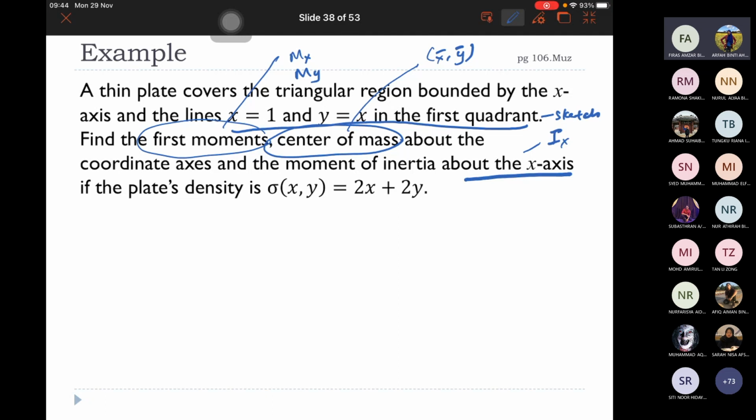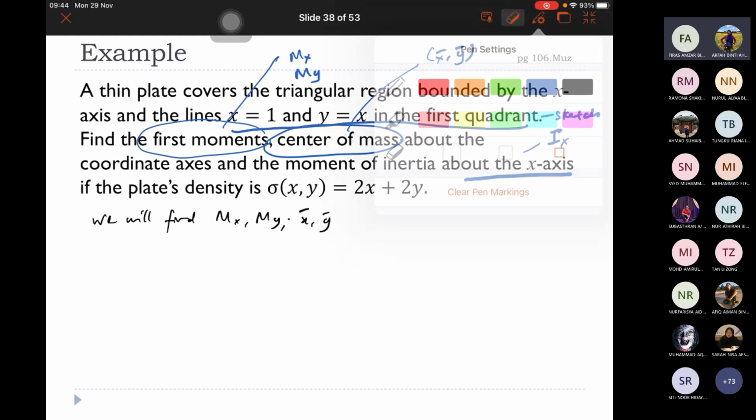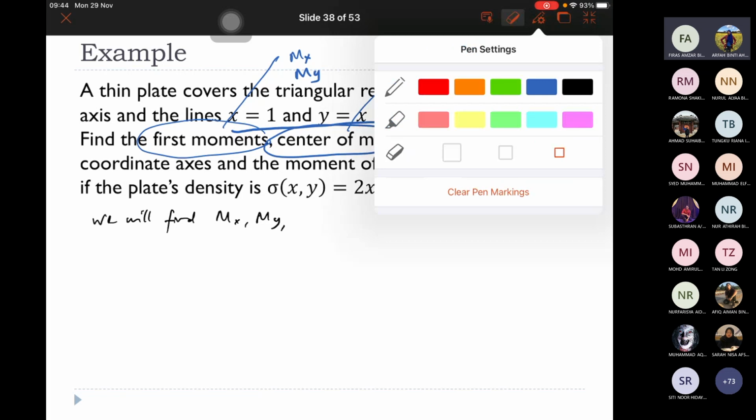So cuba kita buat dia punya sketching dulu. Okay. We would like to find Mx, My, x bar, y bar, dia punya centroid, center of mass.